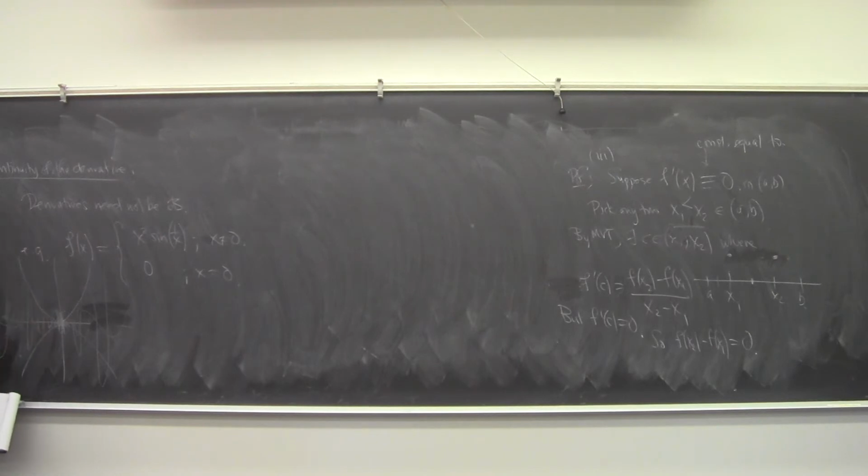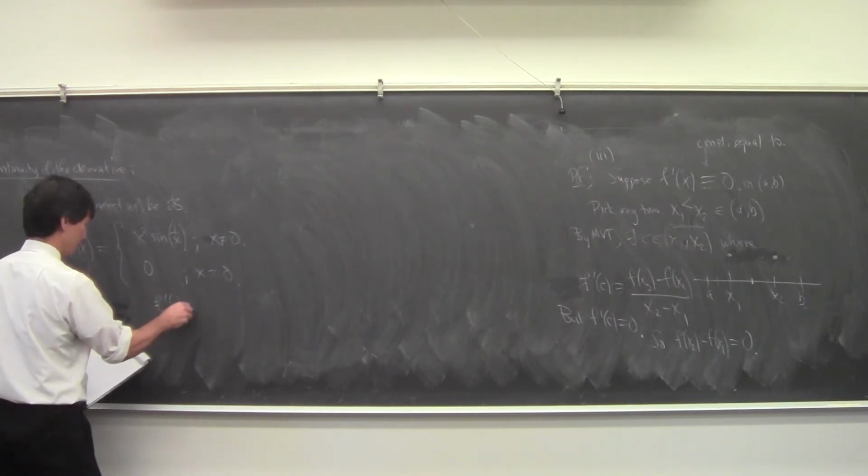So that's sort of what it looks like. Then you define it to be 0 at 0 because it's not defined there. If you squeeze it like this, that gives you a function that's differentiable at the origin. So this guy is differentiable, but the derivative is not continuous.